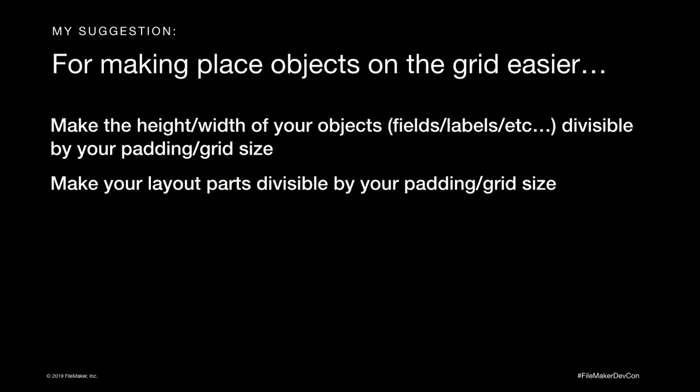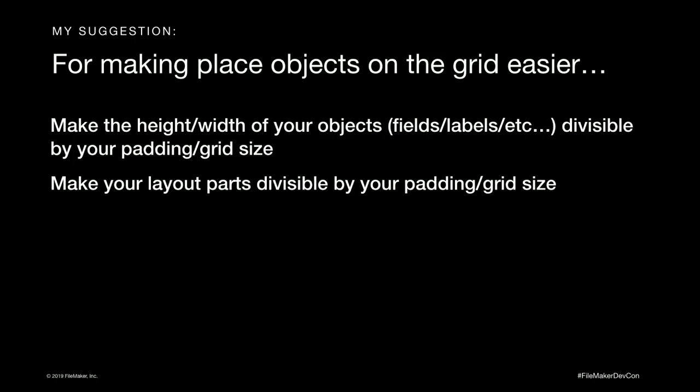I almost always have snap to grid turned on, so I know that as I'm moving stuff, it fits to the grid. The problem with snap to grid, though, is that if the height of an object isn't divisible by the grid, the top will snap, and then the bottom will snap, and then the top will snap, and then the bottom will snap.